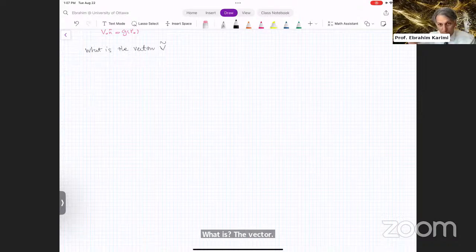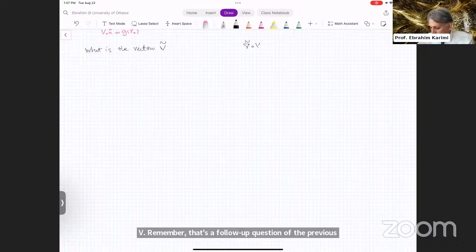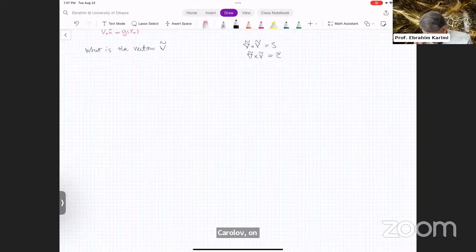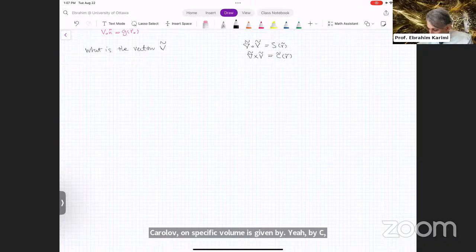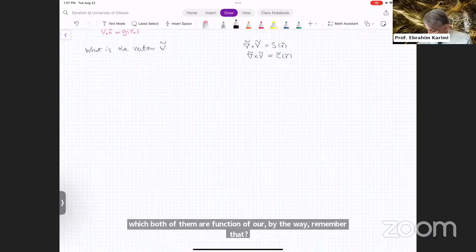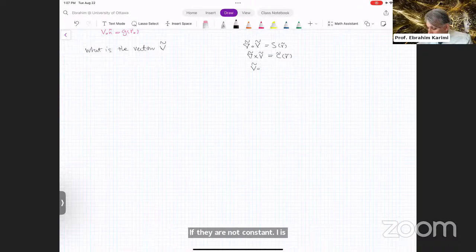The divergence of V is equal to S, and the curl of V on a specific volume is given by C, both of which are functions of R. They are not constant, they are general functions, and V dot N on the boundary is given.